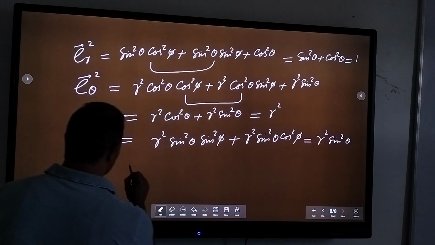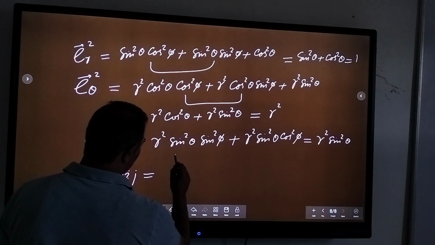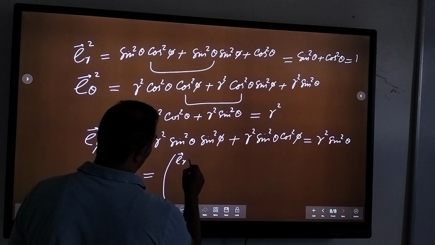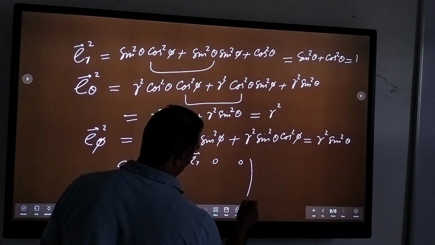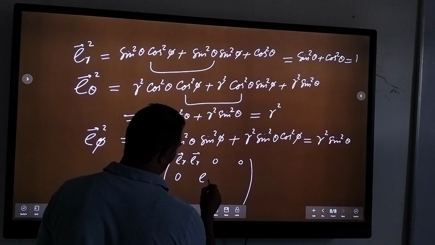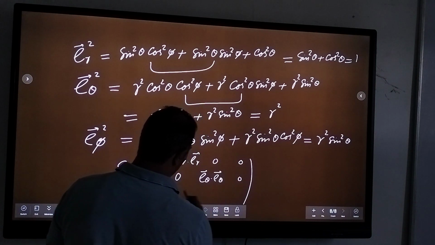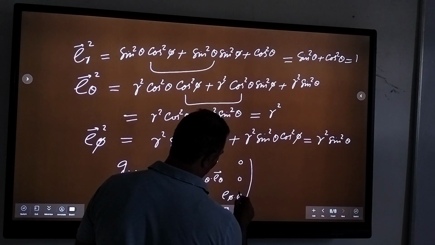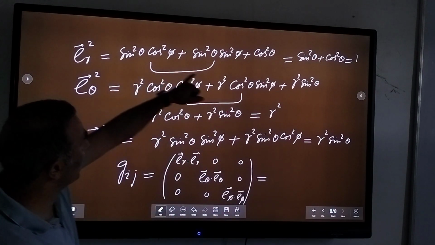So that means the form of this metric tensor g of ij is equal to, er dot er, that is equal to 1.